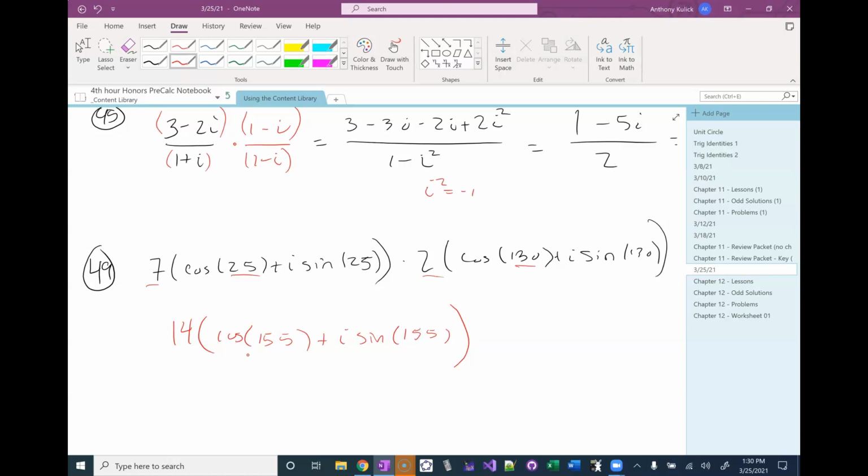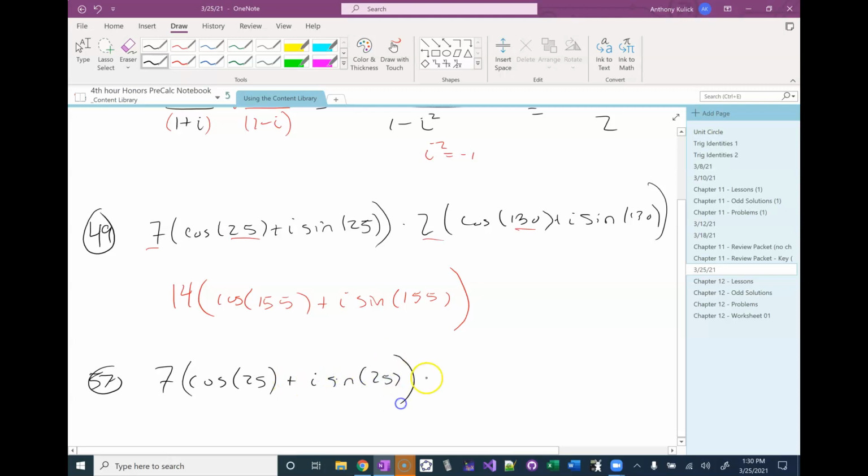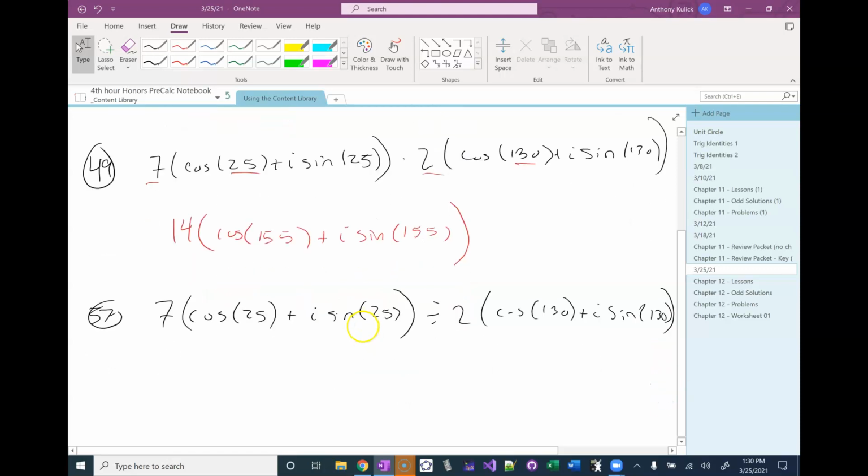Would you mind finding the quotient with the same numbers? Yeah, so if this is just division, that's number 50. So same idea, but this time we're going to be dividing the coefficients and subtracting the angles.